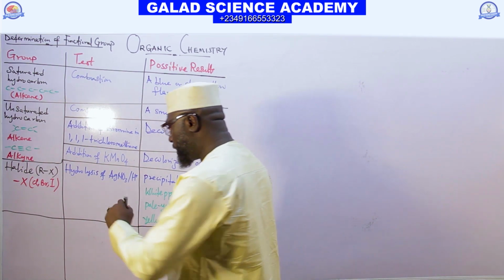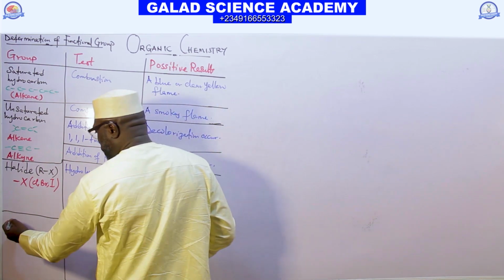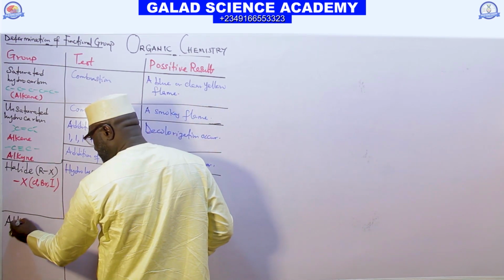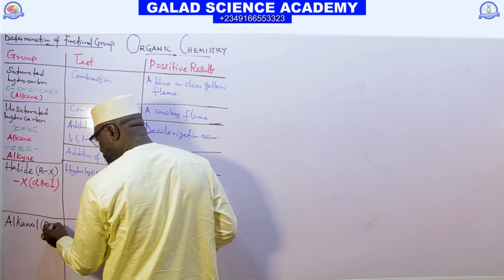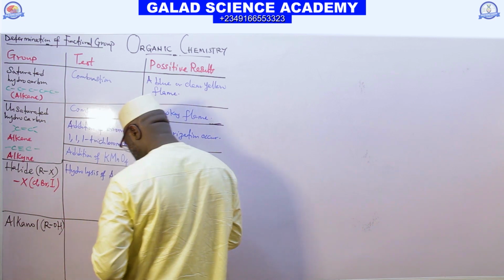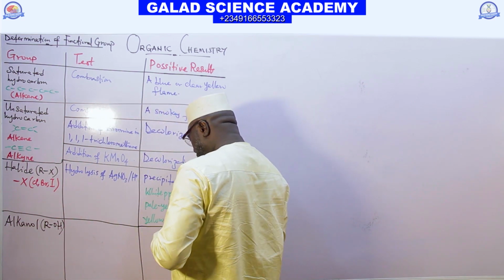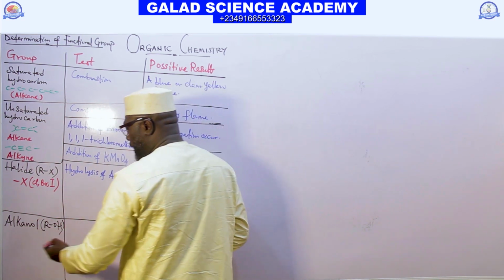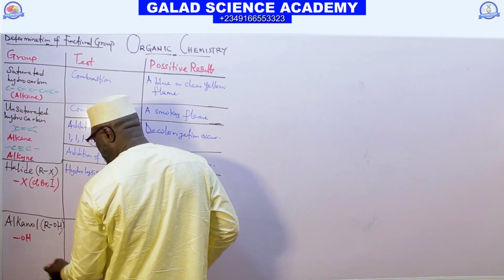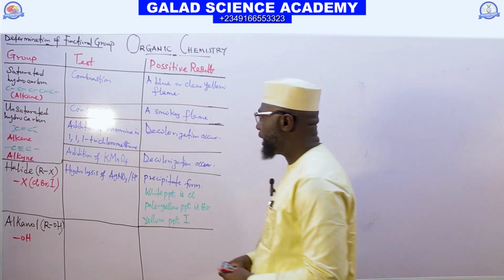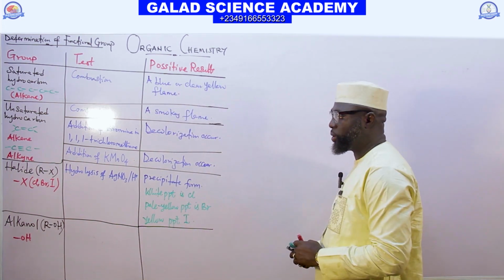The next one is alkanol, which is ROH. And the functional group here for alkanol is OH. What is the reagent used for the alkanol?